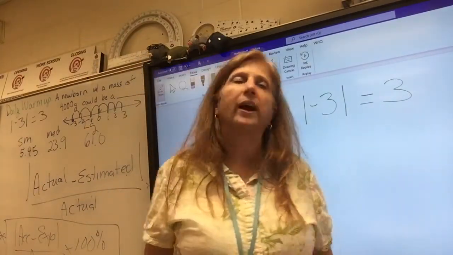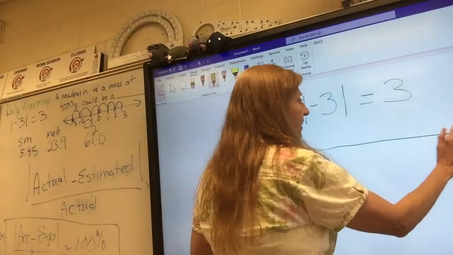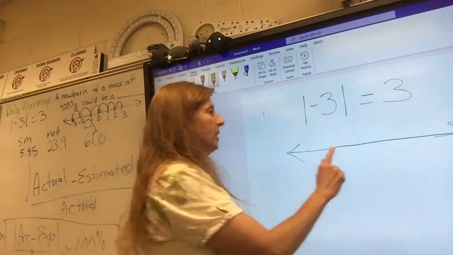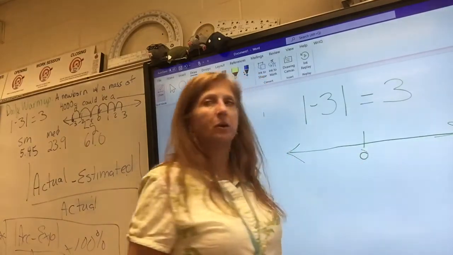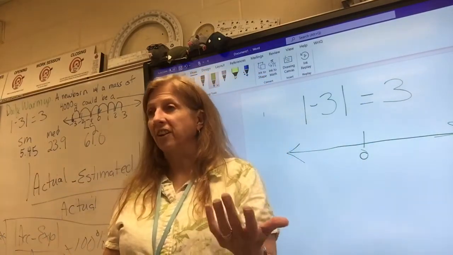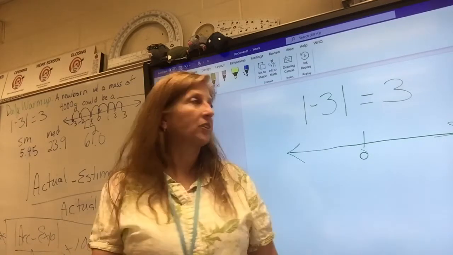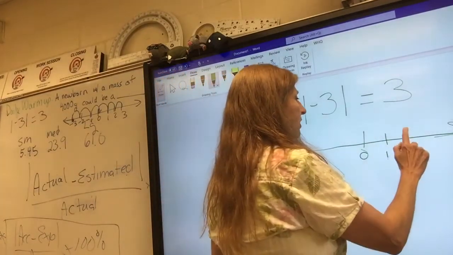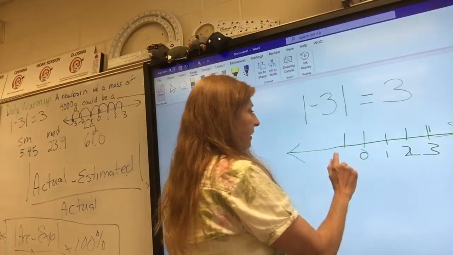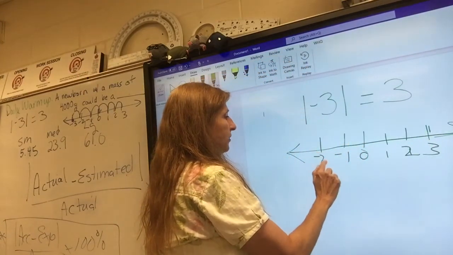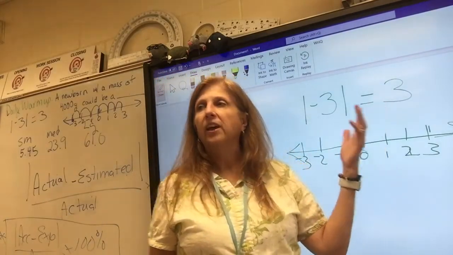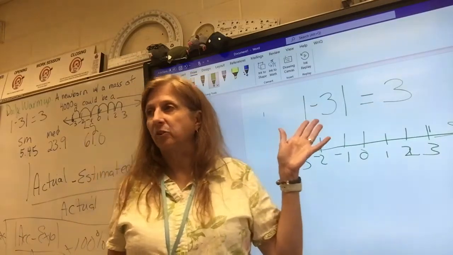But there's a more correct way to think of it, and it's the number line. Okay, remember the number line from math class? Do y'all remember what 0 is called? It's the origin. Have you heard that before? The 0 is called the origin. So that's the origin. 1, 2, 3, -1, -2, -3. One way to think about this is it's a little box that takes away negatives.